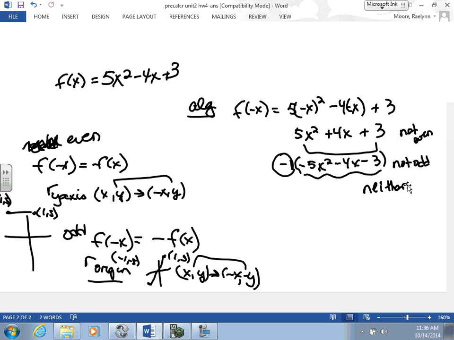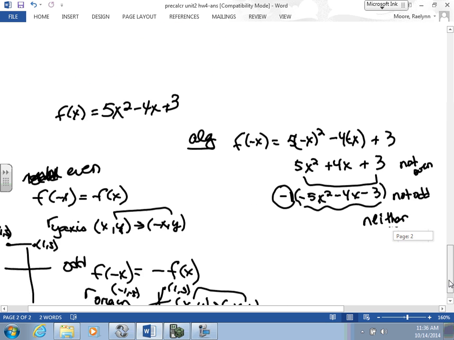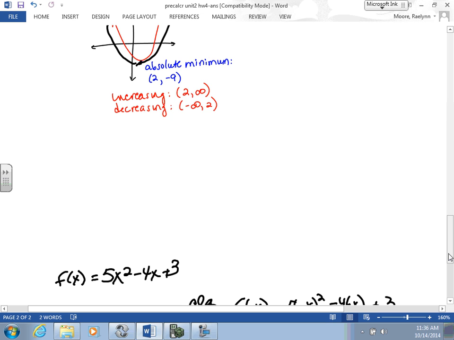All right, let's try another one. Check out number 2. Okay, we can graph this. This is a cubic function.